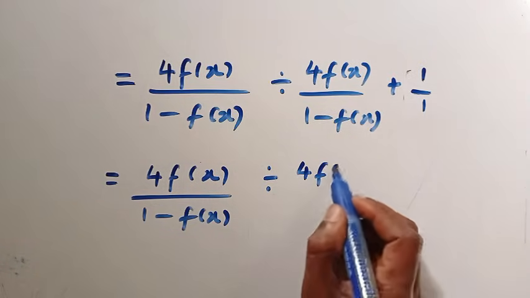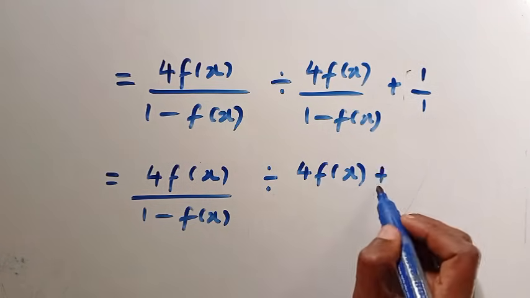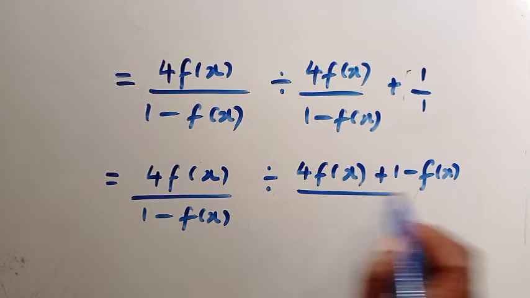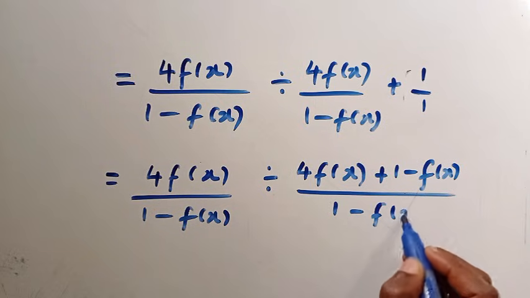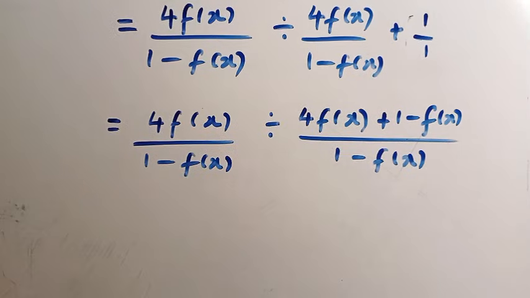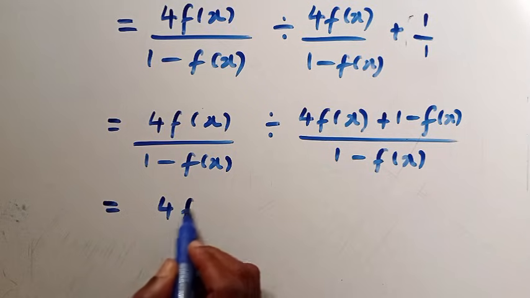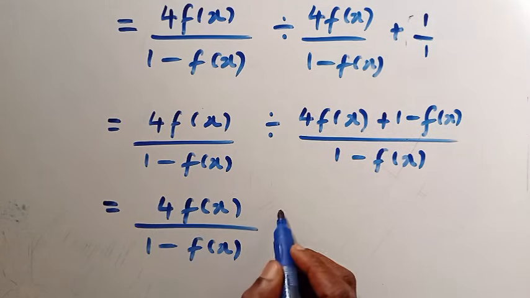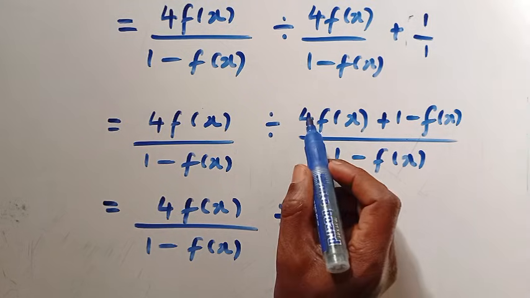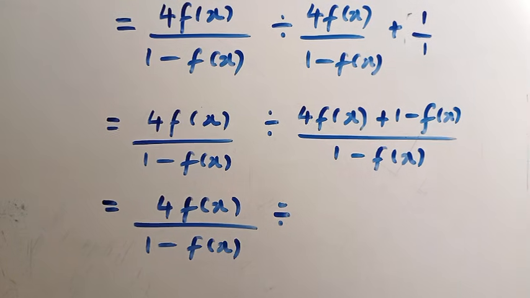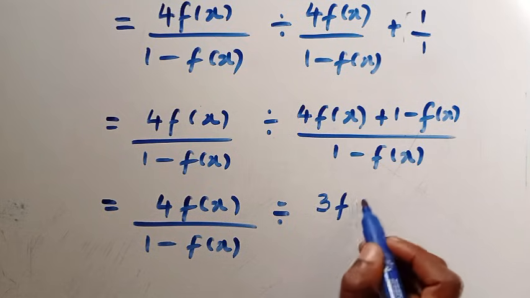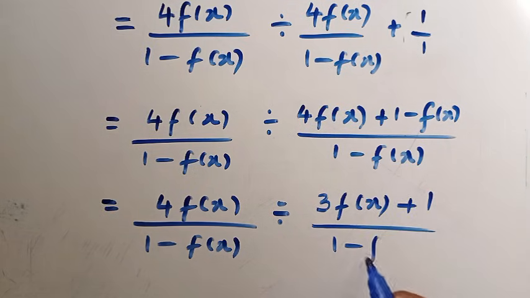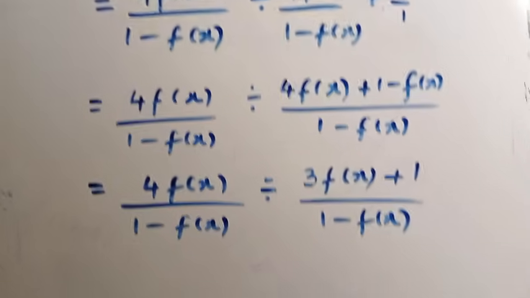So here we have 4f(x) plus 1 minus f(x), divided by 1 minus f(x). This equals 4f(x) over 1 minus f(x), then divided by 4f(x) minus f(x). This gives us 3f(x), then plus 1, divided by 1 minus f(x).